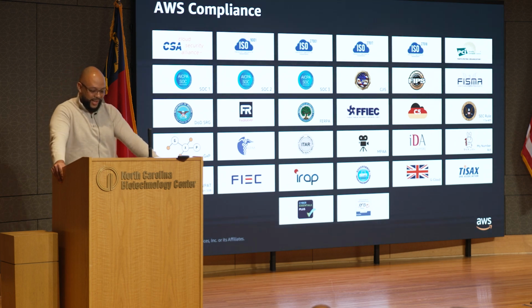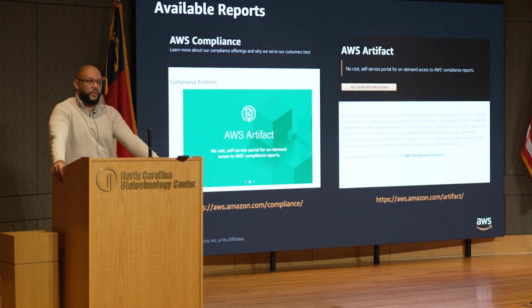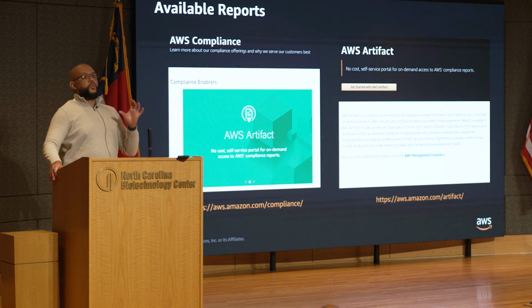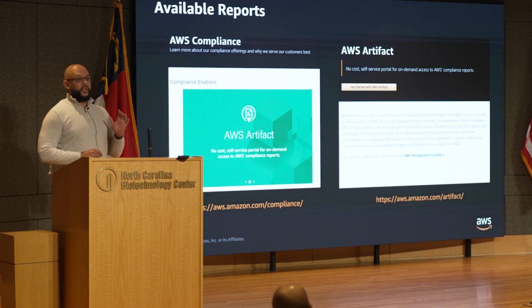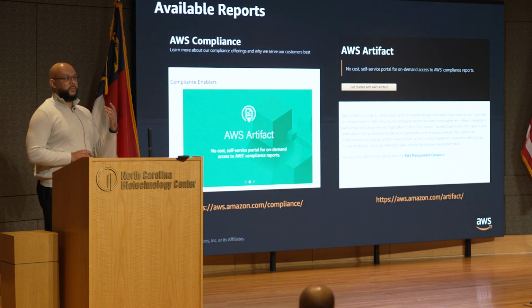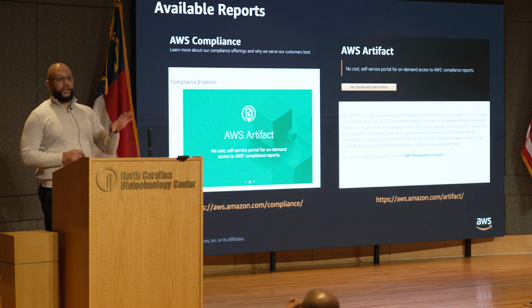So these are the AWS compliance certifications that we adhere to. And then you can take a look at the AWS compliance site. This is really handy because if you want to know if a particular AWS service or region is within scope of a compliance or regulatory standard, it is completely listed on the AWS compliance website.